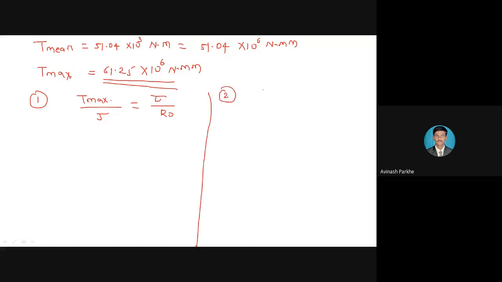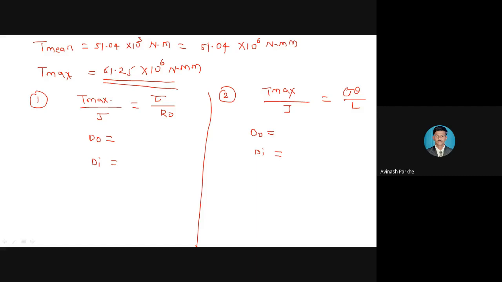And second, T max upon J is equal to G theta by L. Now do the calculations first. Tell me the DO by using the shear stress, DI by using the shear stress. Similarly, DO based on the angle of twist and DI based on the angle of twist. Same procedure you have to follow, whatever we have followed for the previous example.